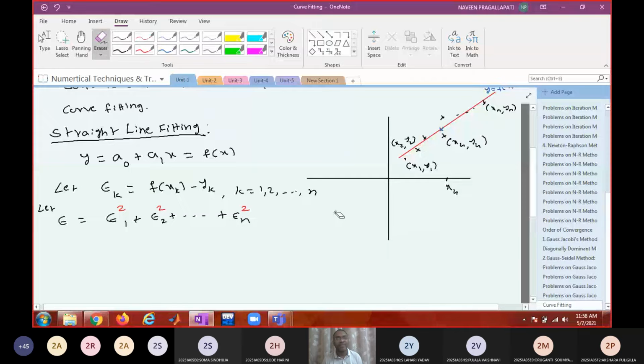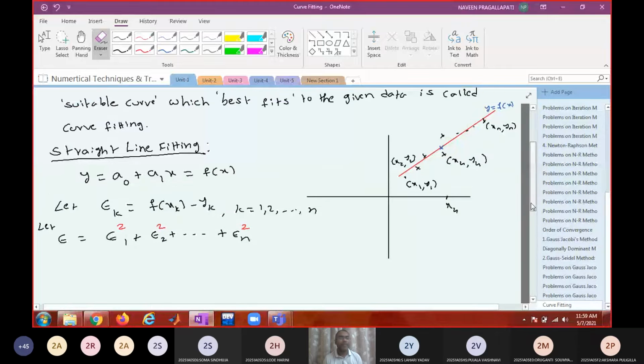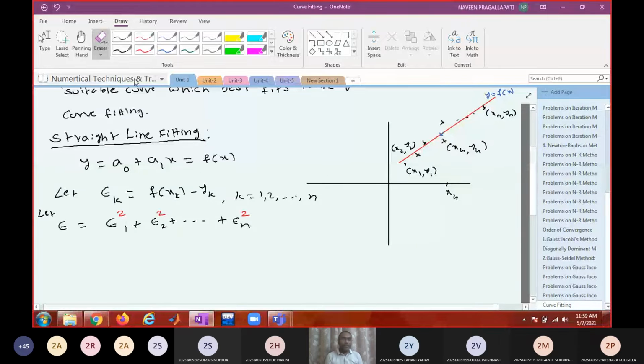D equal to root of x square plus y square plus z square, but we took d square as f of x y z, which is x square plus y square plus z square. Agreed or not? Do you remember? Yes, sir.